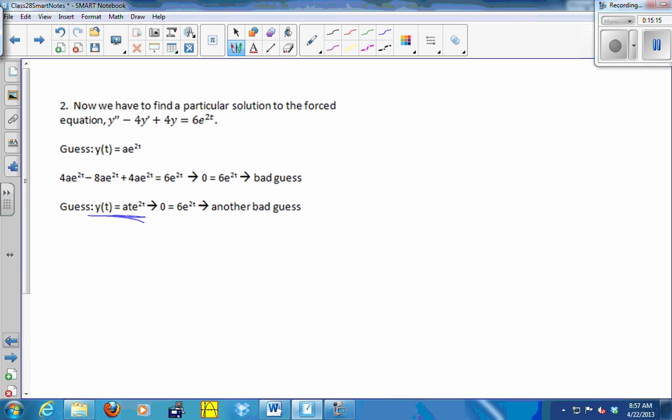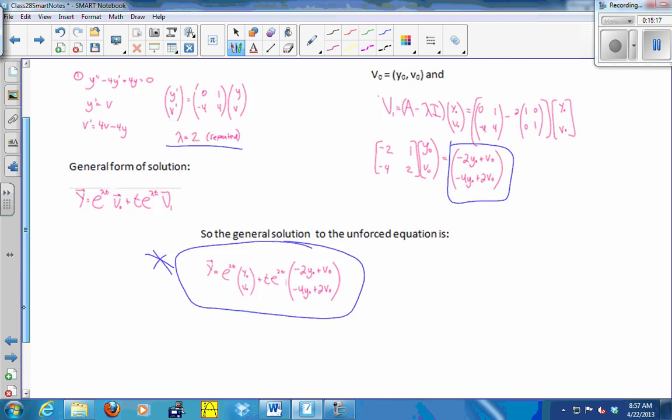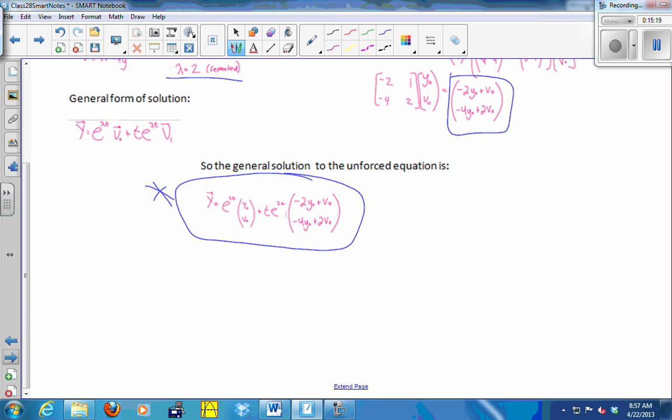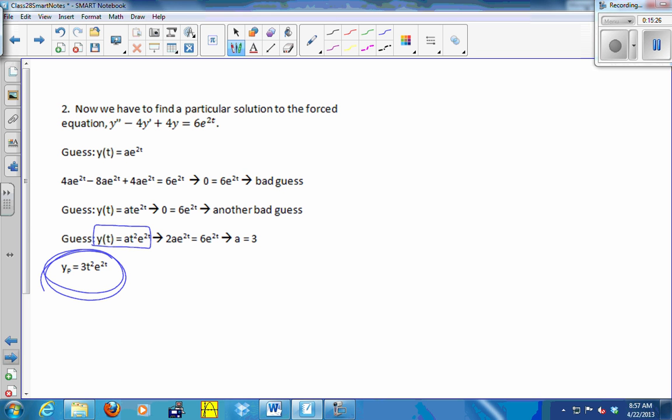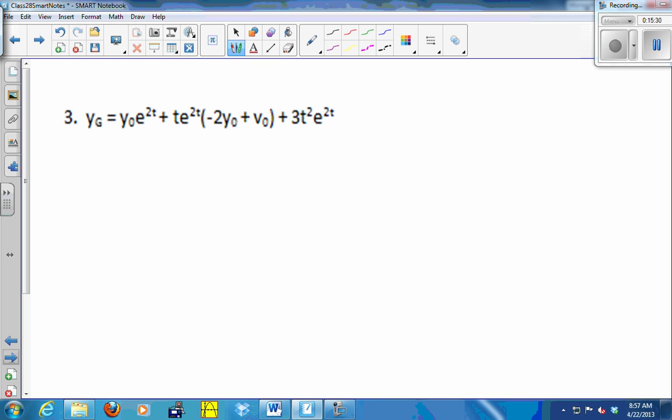So we have the general solution to the unforced equation, and we have a particular solution to the forced equation. We add them together, and we get the general solution to the forced equation.